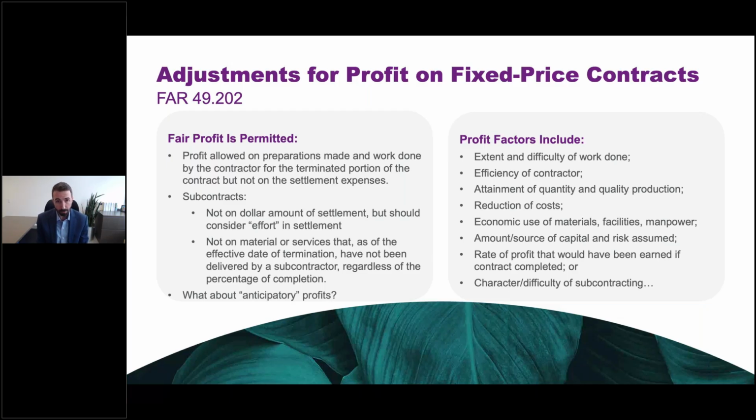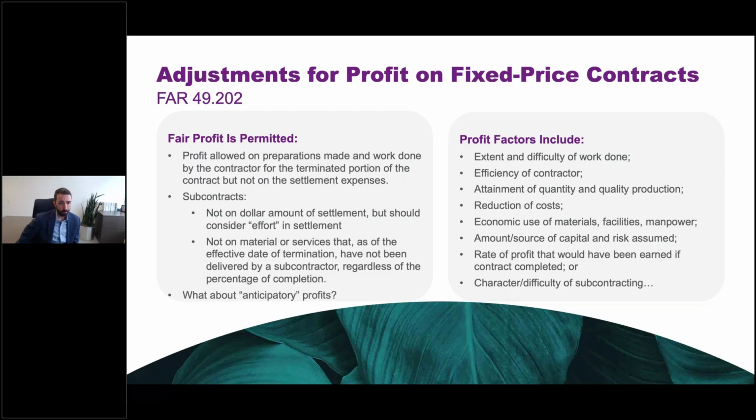It's terminated right away. Maybe it's terminated on the very first day. The FAR says that a contractor cannot claim its anticipatory profit. Instead, it can claim reasonable profit on the cost incurred. Okay, so that's different from anticipatory profit. It's different from lost profit. It's different from consequential damages. It's a profit on the cost incurred.